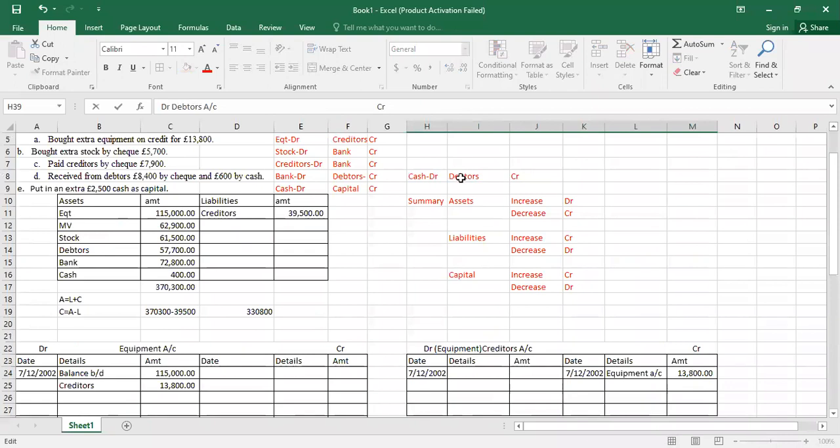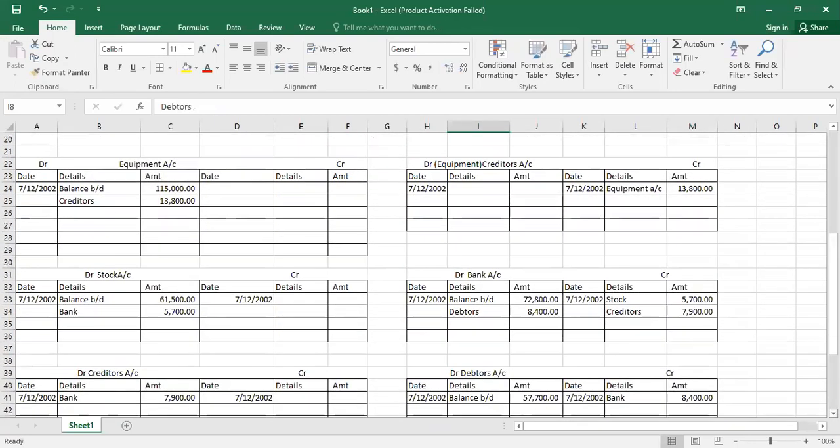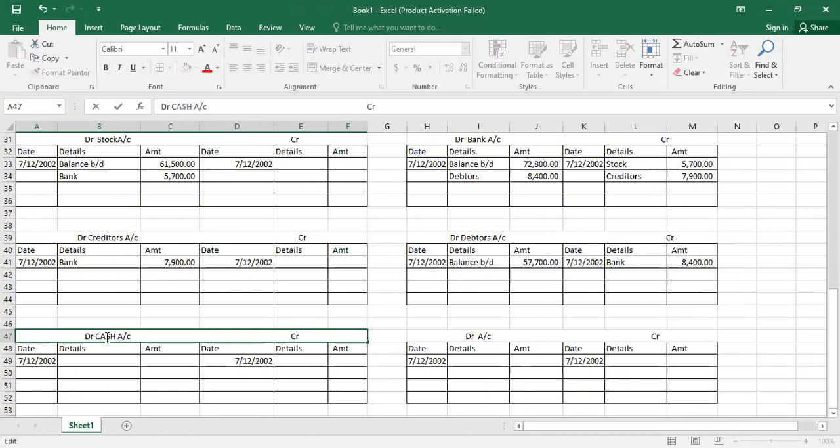So we have another book that is affected. We have cash of 600. So we have cash account and debtors account. So do we have a cash account? Cash account not existing, so I need to generate. So you can see what is happening. If the book is not existing, I just generate.